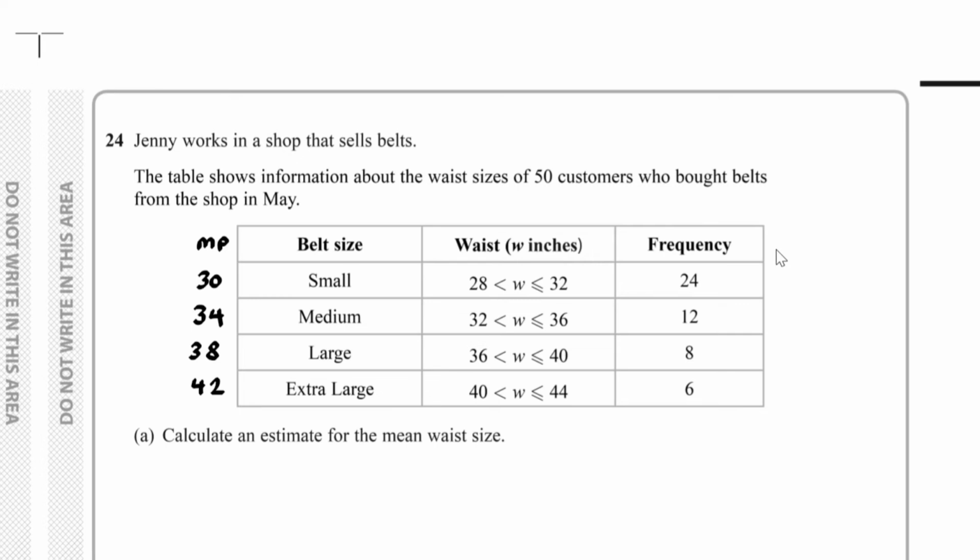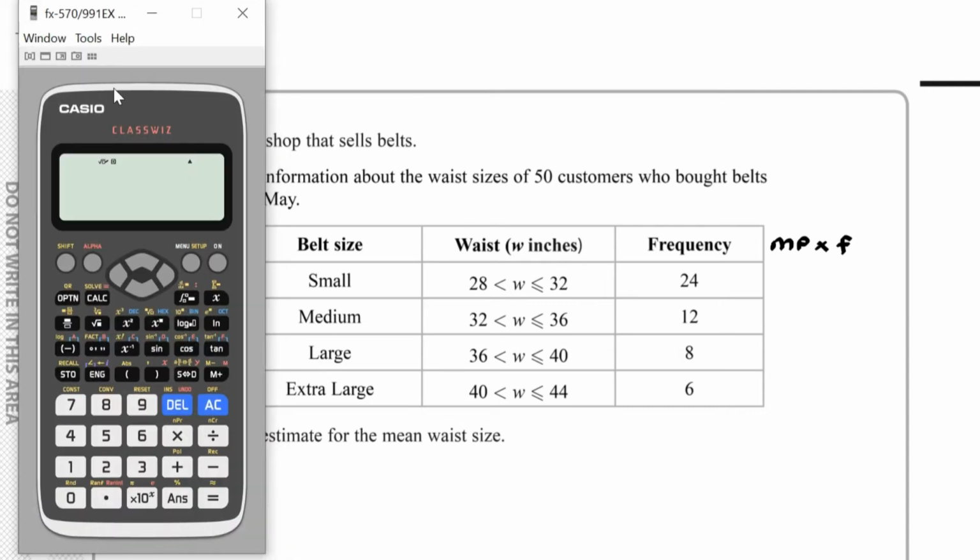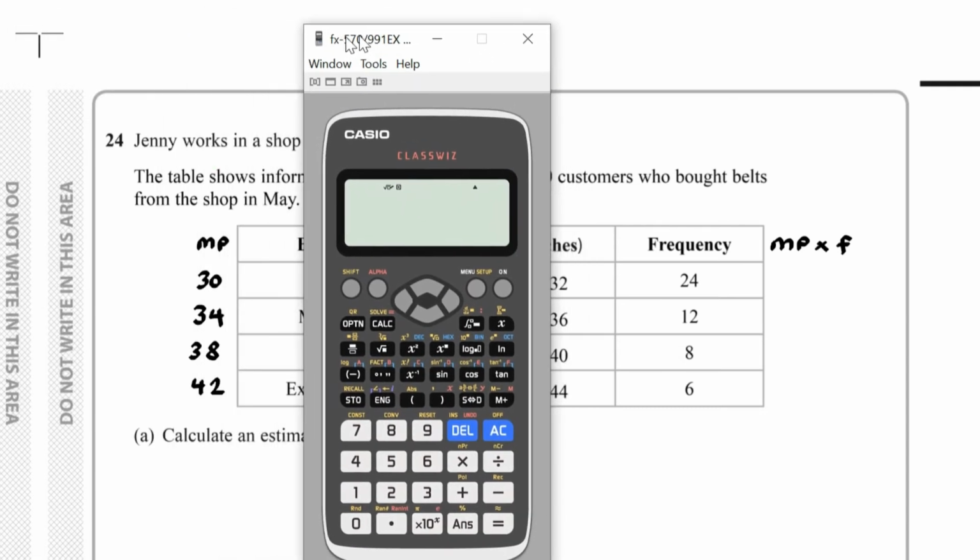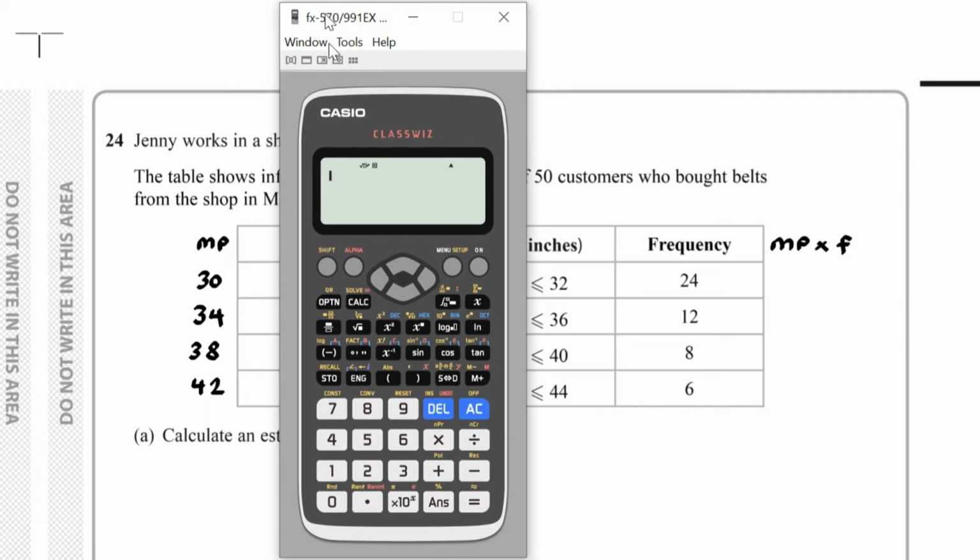Now what I need to do is work out the midpoint times the frequency. So 30 times 12 is 360.